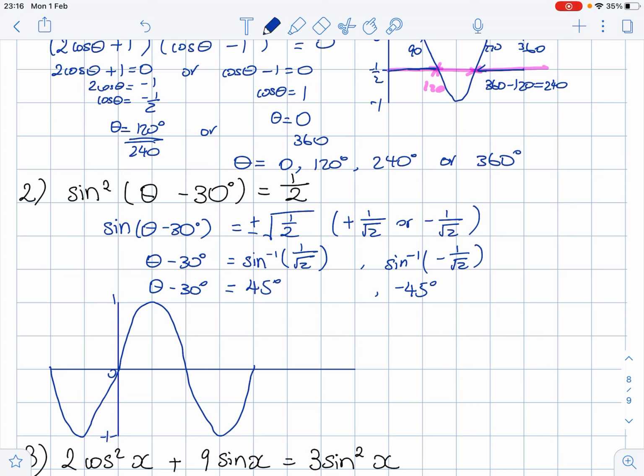This 0, minus 1. So my first value is when it's equal to 1 over root 2, which is 45 degrees.